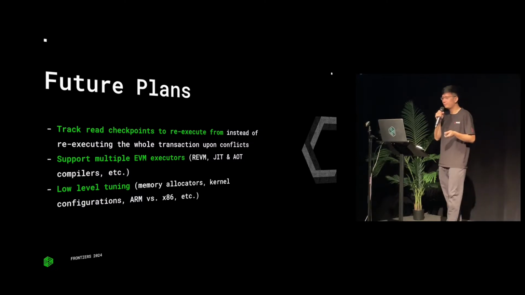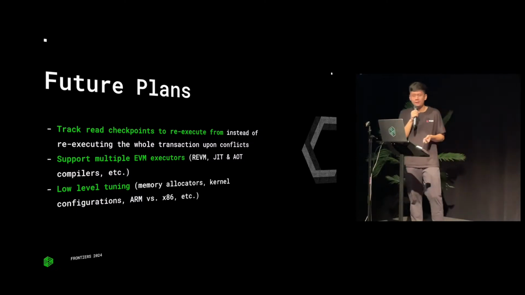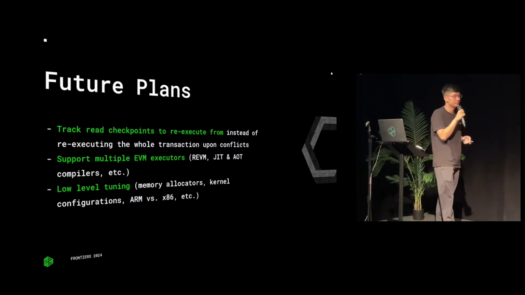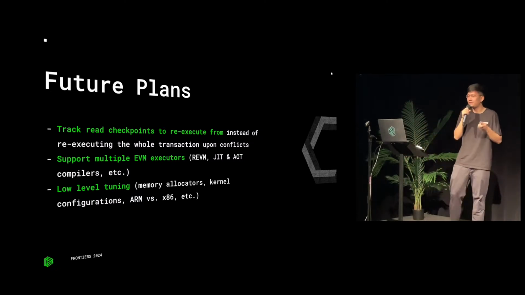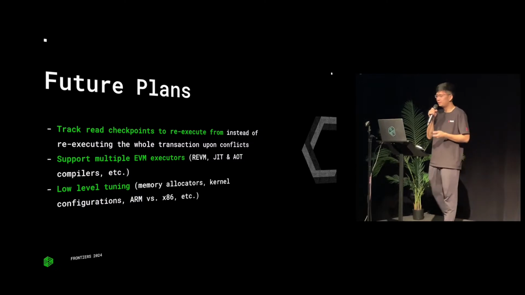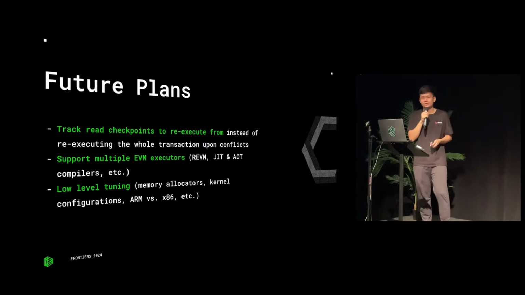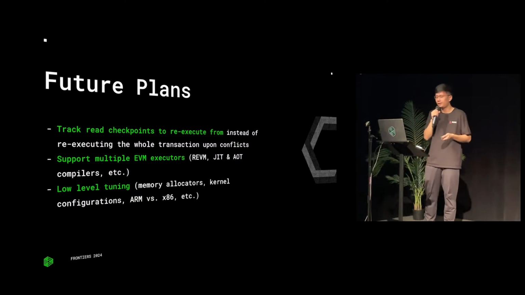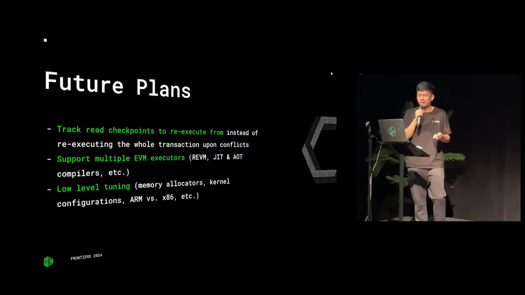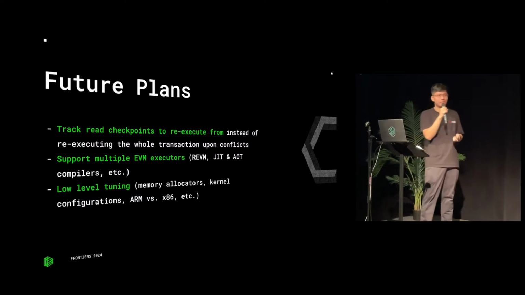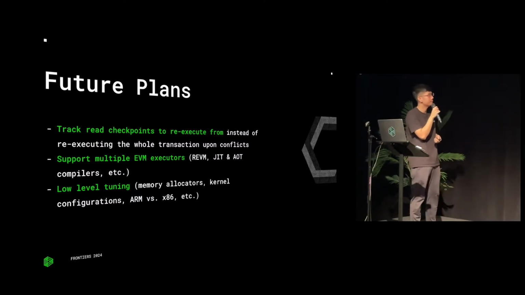But we also believe that in the future, when the allocator APIs in Rust mature and get stable, we'll benefit even more by hand-rolling our own custom allocators for the concurrent data structures, and to have another good one as a global allocator for the whole node or the program that consumes and uses parallel EVM.